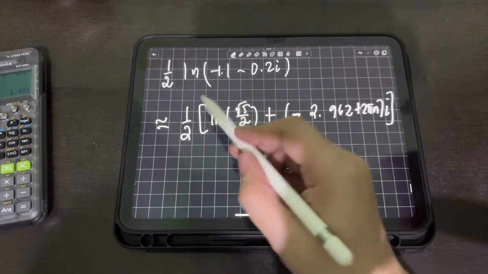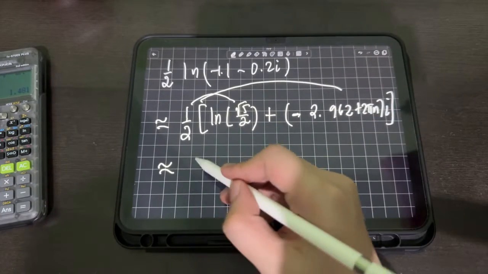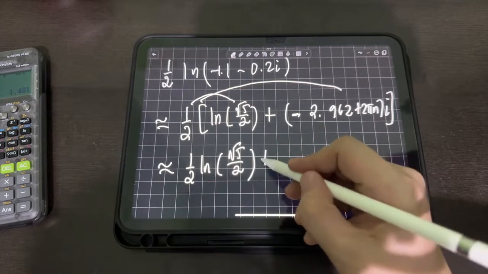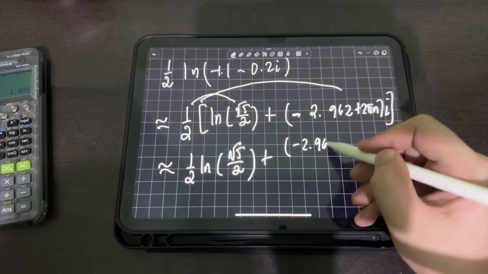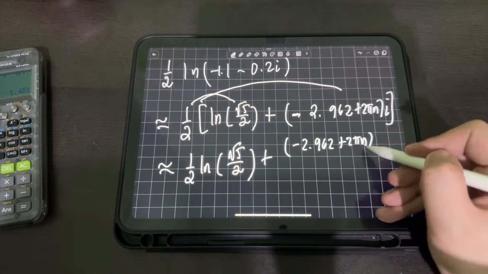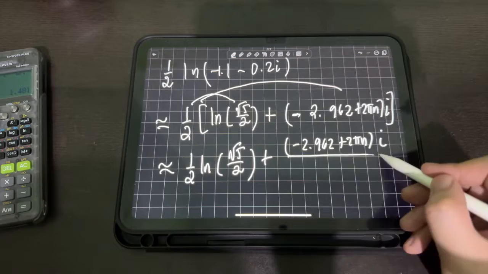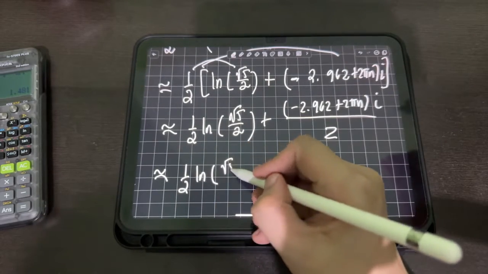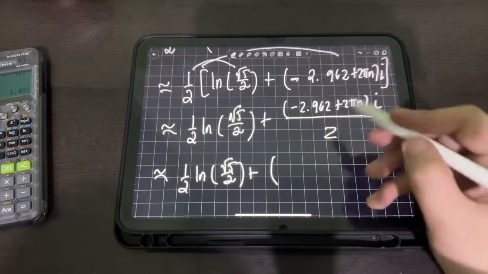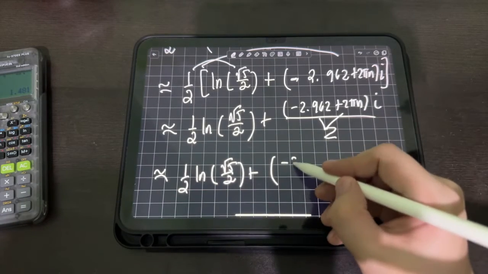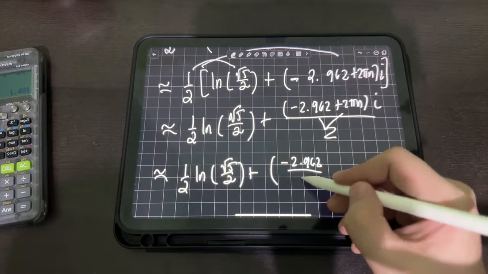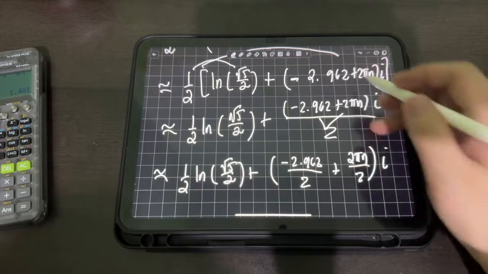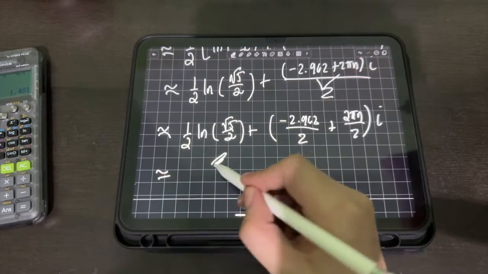Okay. Then you distribute this 1/2, you will have 1/2 ln of square root of 5 over 2 plus negative 2.962 plus 2 pi n, i, over 2. So 1/2 ln of square root of 5 over 2 plus you can distribute this 2, negative 2.962 divided by 2 plus 2 pi n divided by 2, i. But we already know the value of this one.